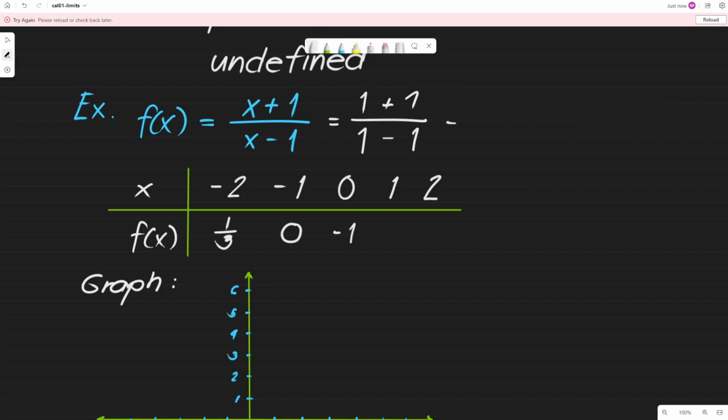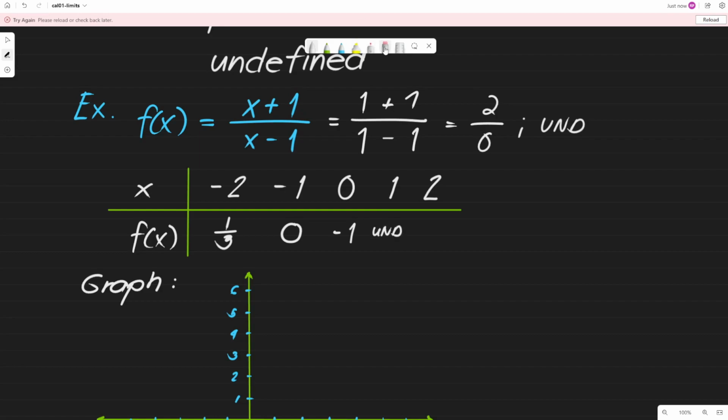So 1 plus 1 is 2. However, 1 minus 1 is 0. So since we have a number divided by 0, that will be undefined. So the value of our function at x is equal to 1 is undefined. So I put here undefined, or UND.